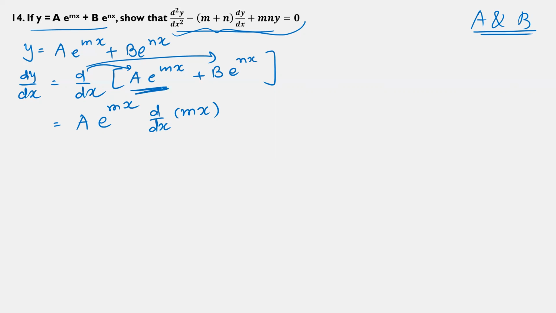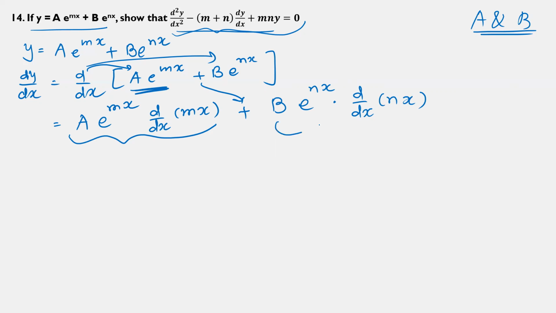After that we finished only this part. Then the plus sign will come, and we have to do the other part also. b as it is. The differentiation of e to the power nx is e to the power nx, but as the power is weird, we have to apply the chain rule to the weird power. This is your second term.